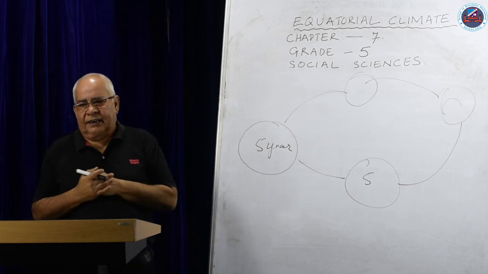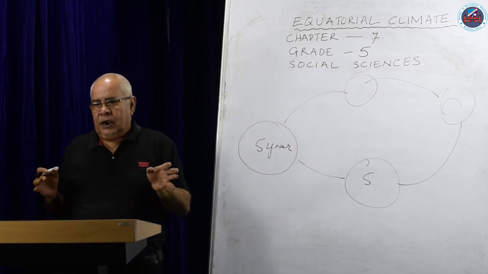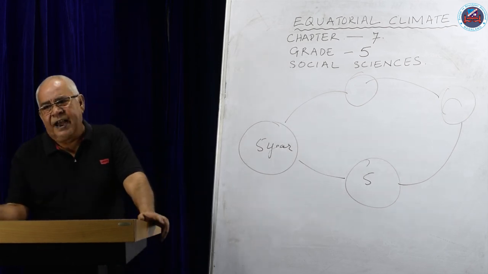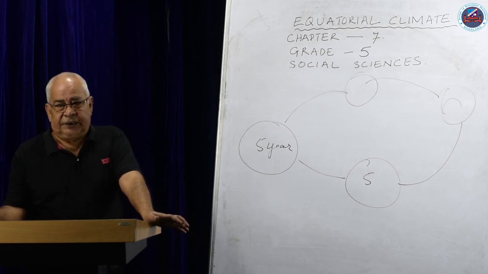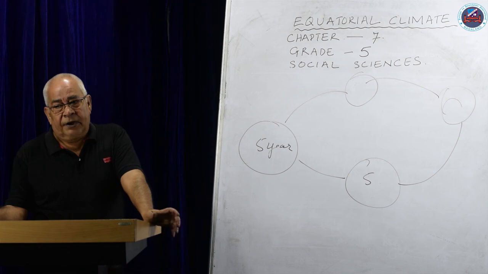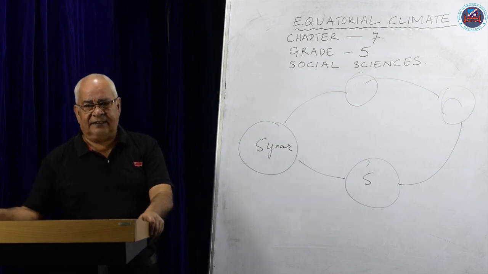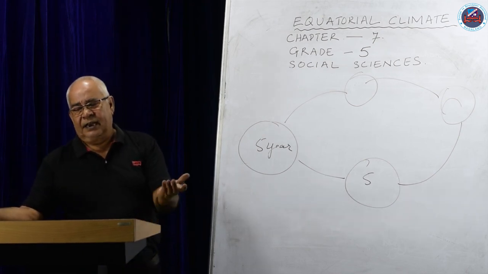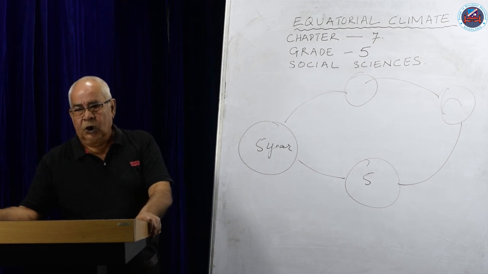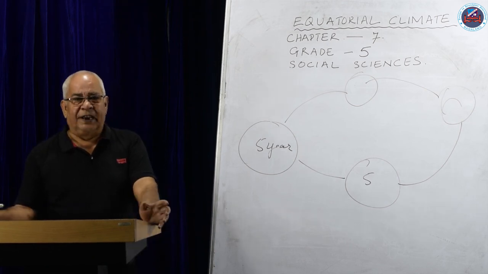Another thing that the rivers give us: the rivers drain these forests and offer inland navigation and fishing opportunities. Minerals such as natural gas and petroleum are also mined in the Amazon forest. Copper and precious stones are mined in the Congo basin.